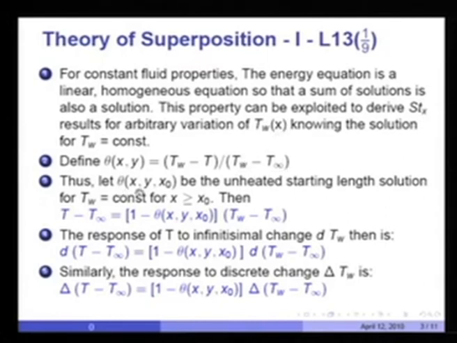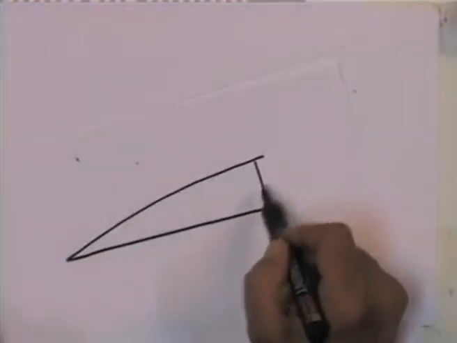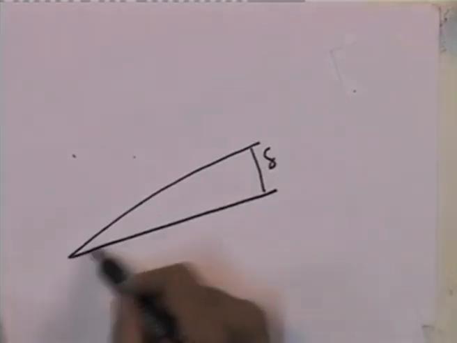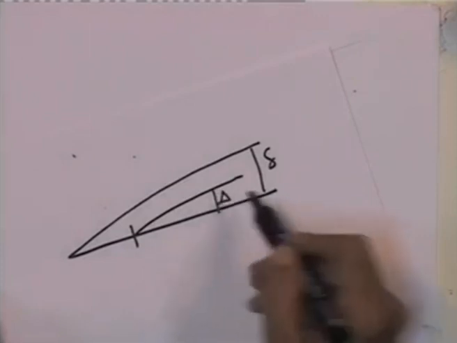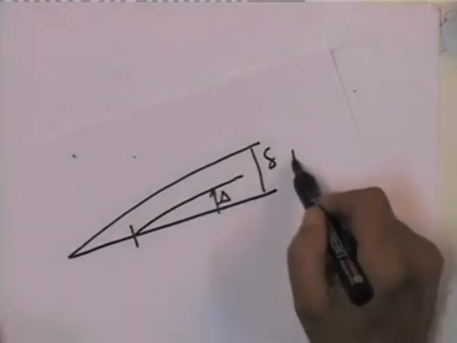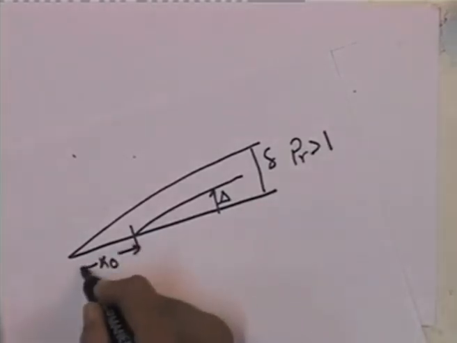Thus, theta(x, y, x naught) will be the unheated starting length solution for Tw equal to constant for x greater than x naught, the situation being what we had described earlier. So, the situation is very clear. This is the flat plate; the velocity boundary layer grows so, but the temperature boundary layer starts here. So, this is delta, and Prandtl number is greater than 1, and this is the unheated starting length x naught.